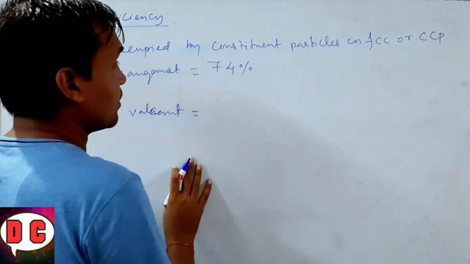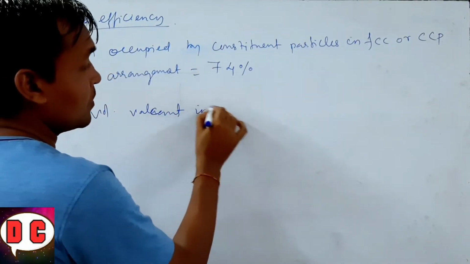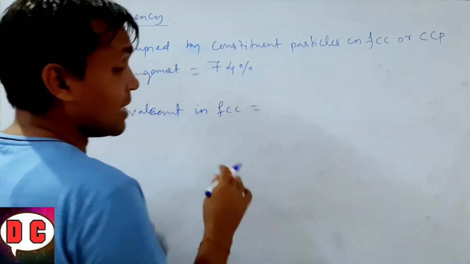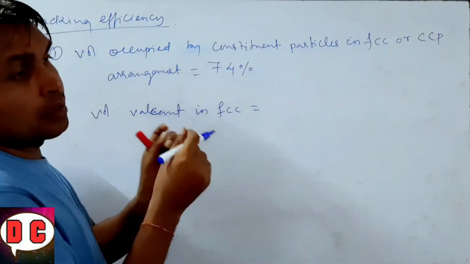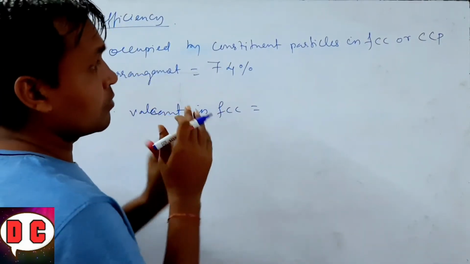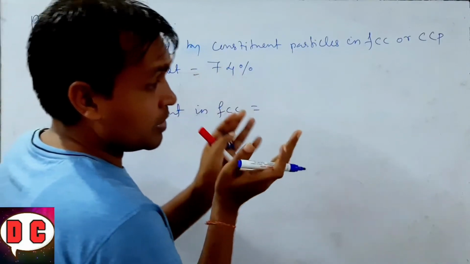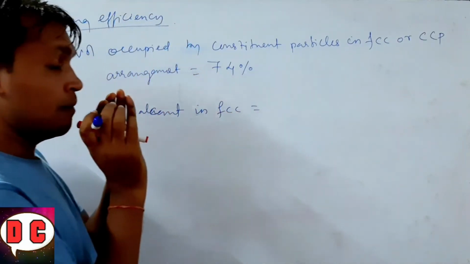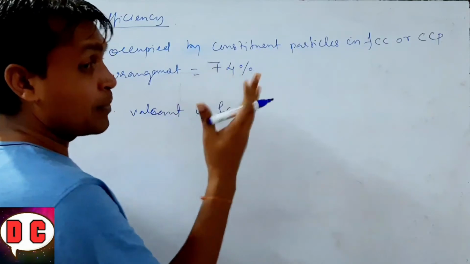So if I ask you volume left vacant, volume vacant in FCC means how much space is left without being occupied, which is how much percent is void, meaning empty space.